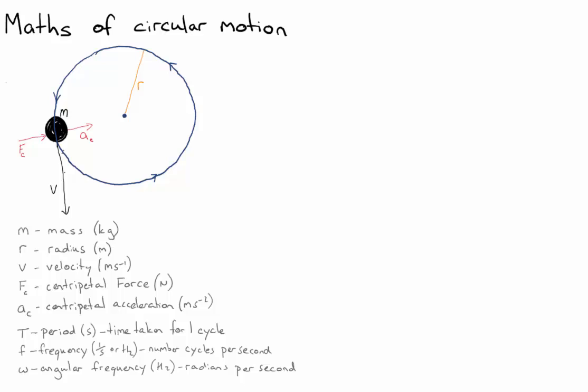Of course, we can look at the velocity, and we can say that velocity equals the distance travelled in one cycle, which is 2 pi r, divided by the time taken for that cycle, which is the period. And we can also relate centripetal force to centripetal acceleration, because the force simply equals the mass times the acceleration, which is produced by that force.